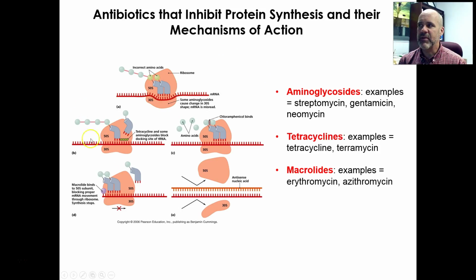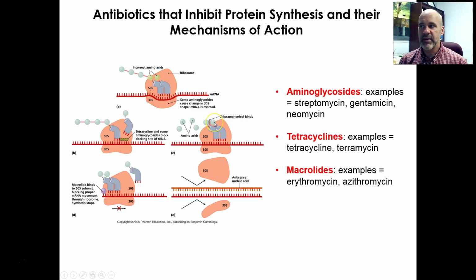So this diagram is showing you some of the different ways that these ribosomes get screwed up. Some of your aminoglycosides attach to the 30S small subunit of bacterial ribosomes and warp the shape. And so during translation, the wrong amino acids are incorporated into the protein that's being built. Tetracycline, some of the aminoglycosides, attach to the ribosome and block a tRNA from bringing in the next amino acid in a protein.